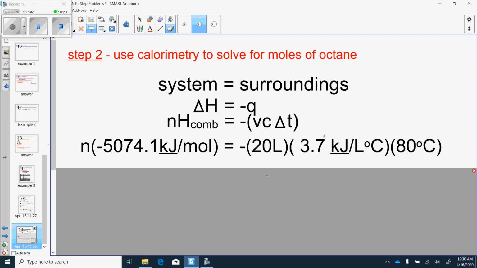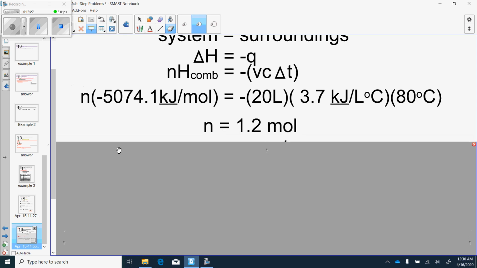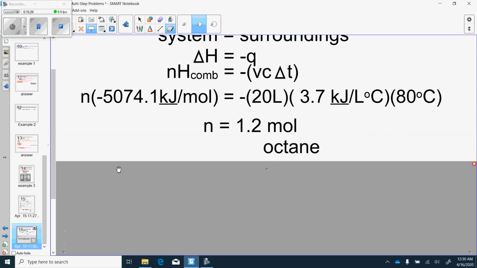If you look at the units, the liters will factor out, the degrees Celsius will factor out, the kilojoules will factor out, and that leaves us with just moles, which is okay because that's what we want to solve for. So if we want to solve for moles, we just divide both sides by negative 5,074.1, and that gives us 1.2 moles of octane.